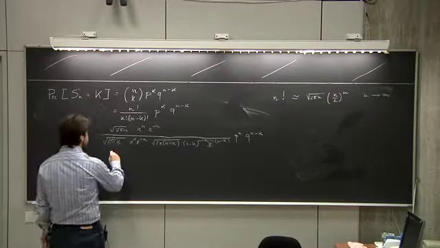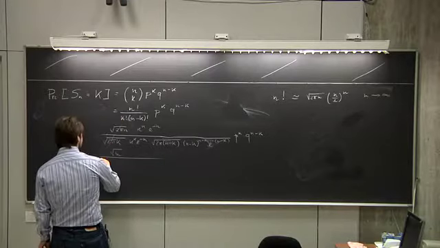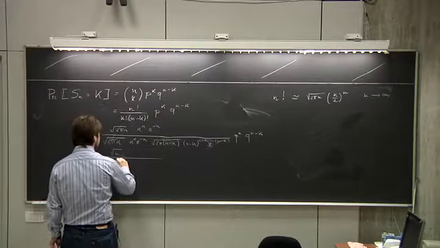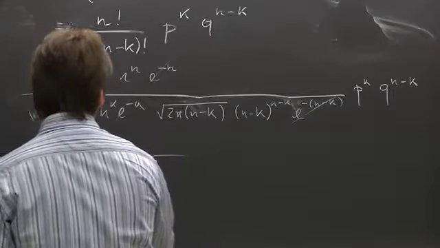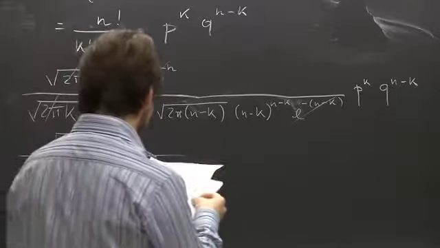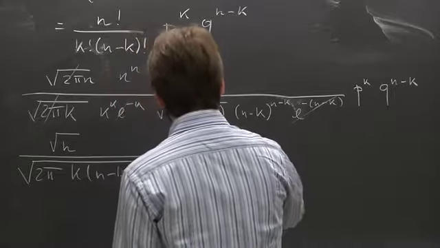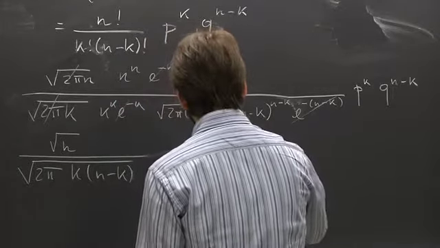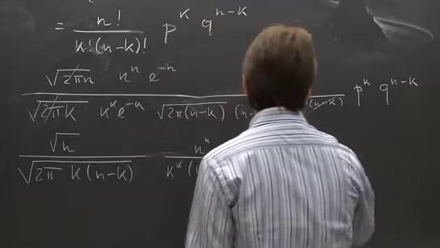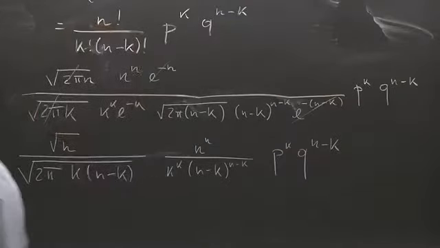So we end up with square root of n. Okay, I'm trying to go very slow.